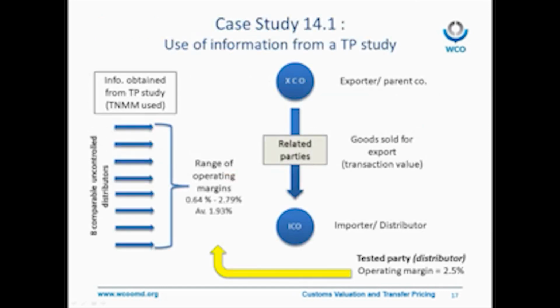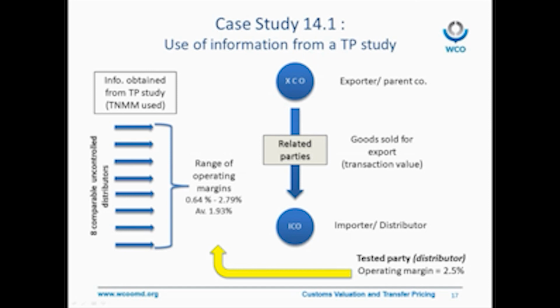So here is the scenario. We have a buyer and a seller. They are related parties. And there is no test value, as there are no similar goods or identical goods. But in the TP report, we found some information.